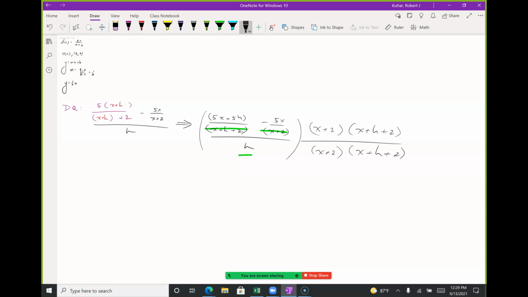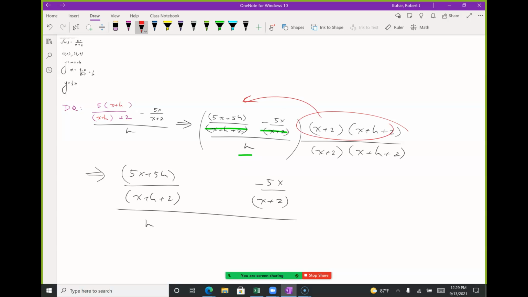So I'm going to try and keep my original function in black. And remember, I'm not going to worry about saving paper. I don't care. So my original function is in black, and I'm going to distribute with the red, right?